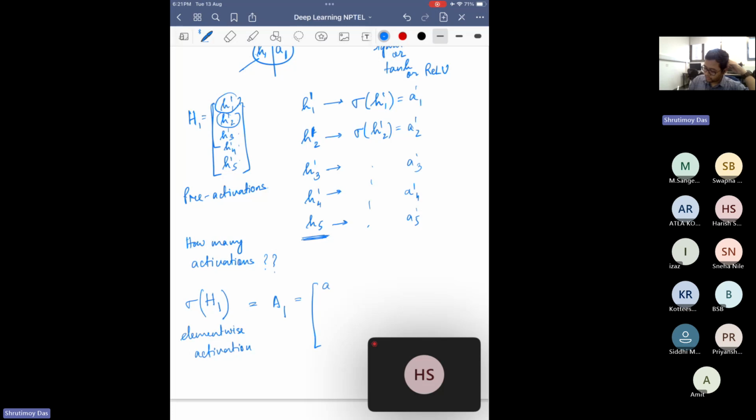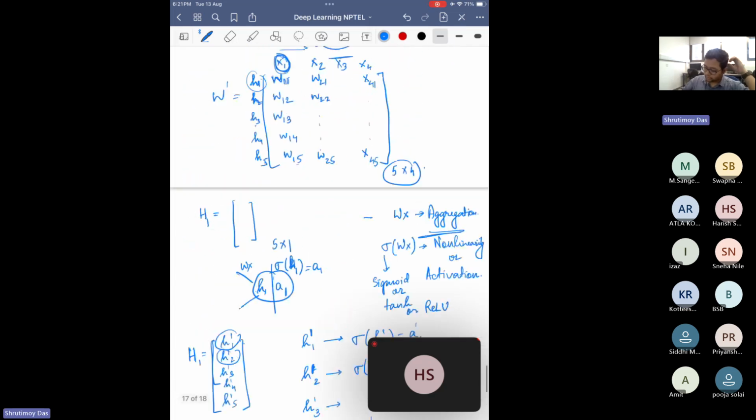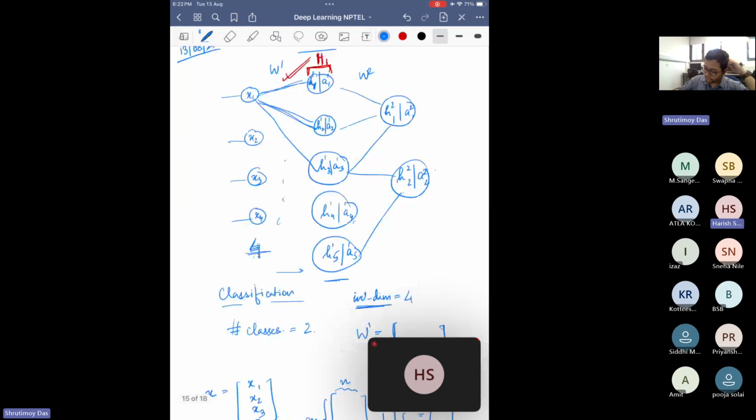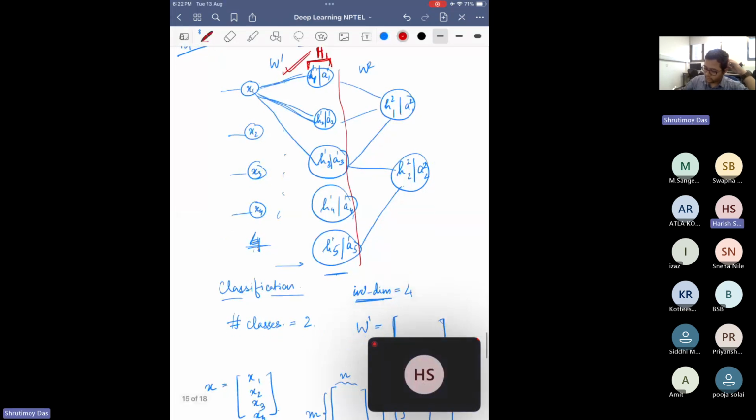A1 is A11, A12, A13, A14, A15, right? So now we have covered this part of the network.